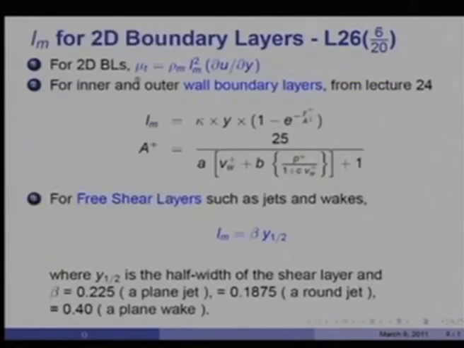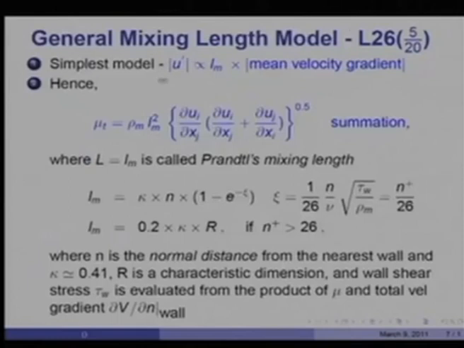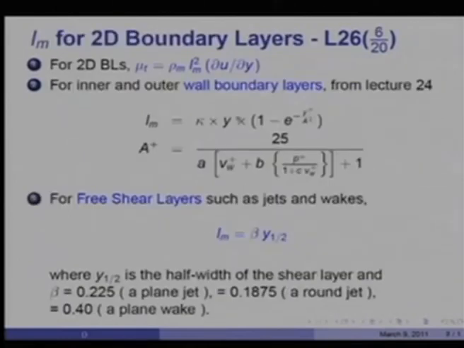For 2-dimensional boundary layers, of course, this mu t, which we had represented here for the general 3-dimensional flows, would become simply rho L m squared du by dy.